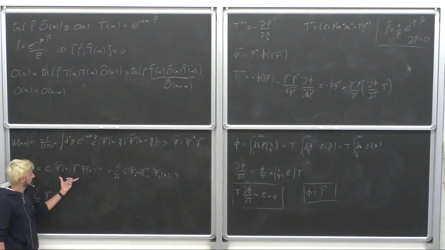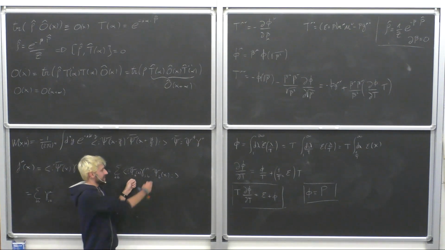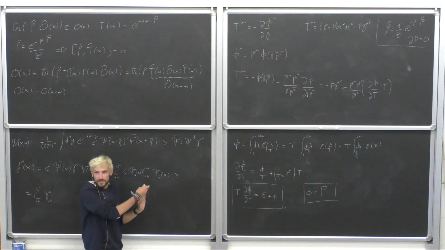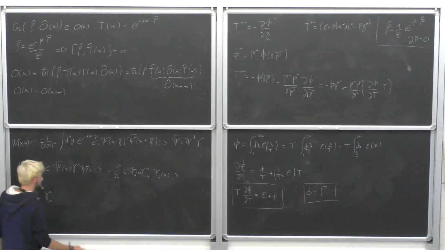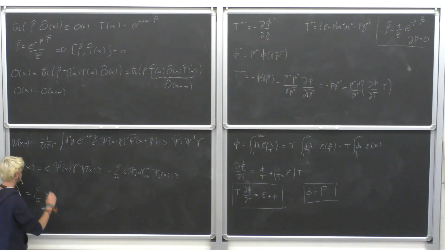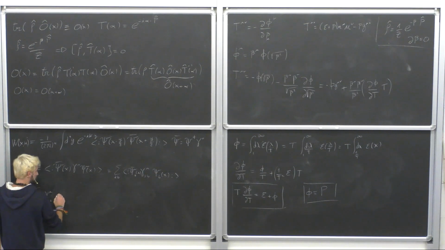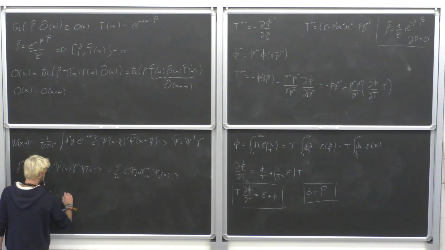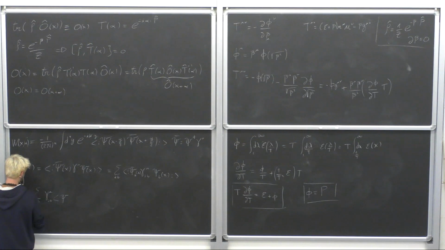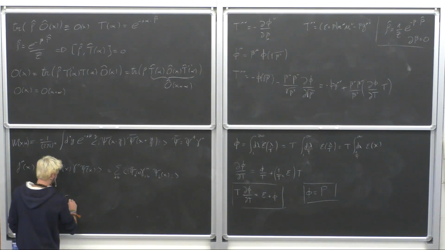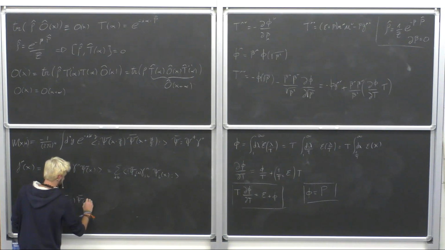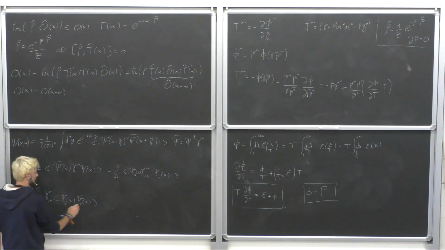Because at this point, here I exchange psi and psi bar. So there should be an additional minus because they are Grassmann variables. And so here I get minus psi x b psi bar x a within the normal ordering.